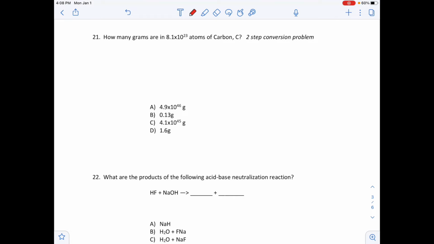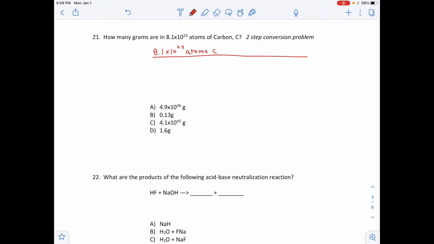For question 21, it asks how many grams are in 8.1 times 10 to the 23rd atoms of carbon, C. So you first start with the 8.1 times 10 to the 23rd atoms carbon.